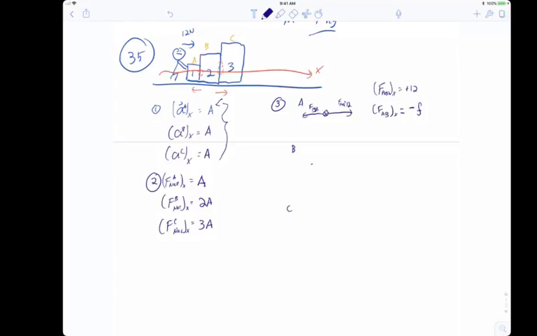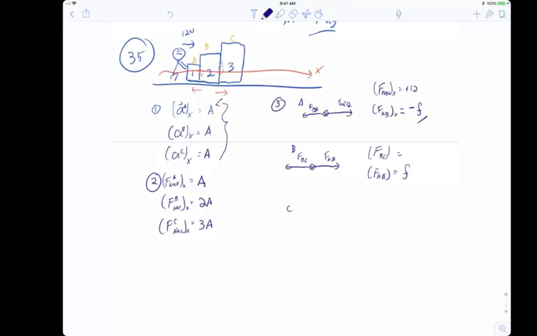Next free body diagram. Well, nothing specifically. No other person is pushing it. So those are just the two surfaces on either side. So there's FAB, which points this way now, and FBC, which pushes this way. What do I know about them? Well, I know which direction they're pointing. FAB points to the right, and it has the same magnitude as this, so I'm going to use the same variable.